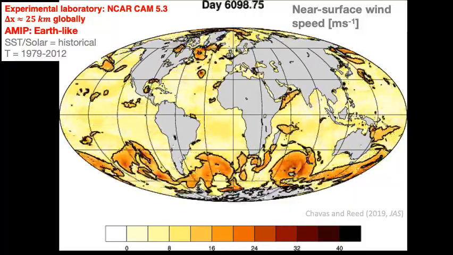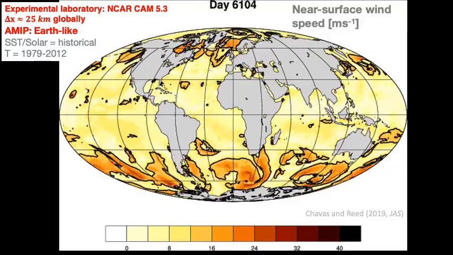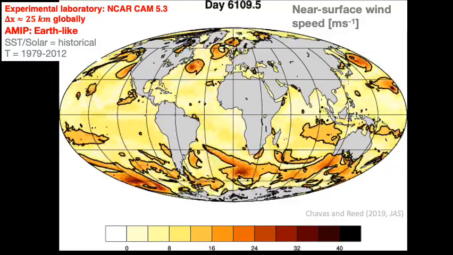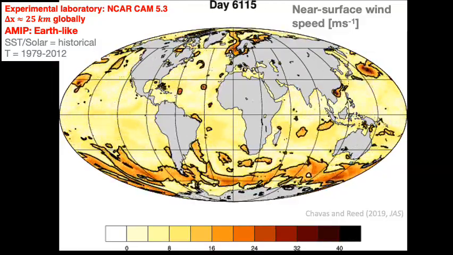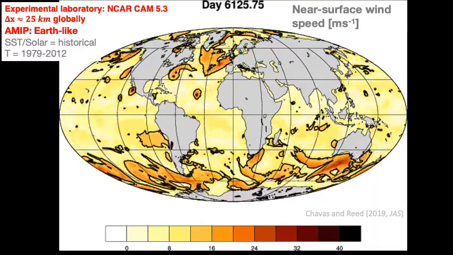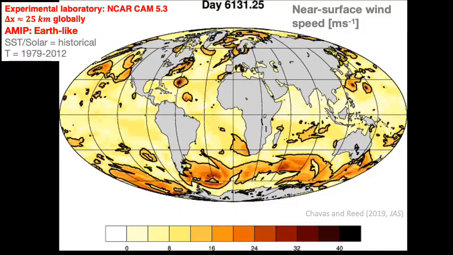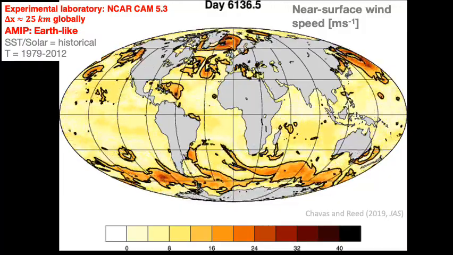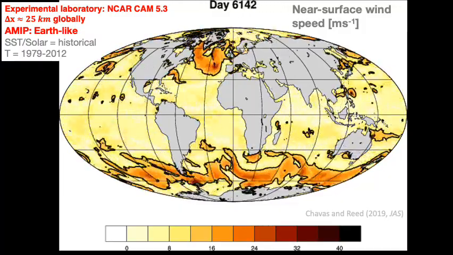So this is a simulation of an Earth-like climate. The colors are near-surface wind speeds in meters per second, and the grays are the continents. You're just seeing the wind speeds over the ocean. You'll notice a tropical cyclone in the Atlantic and another one forming there in the North Atlantic Ocean.